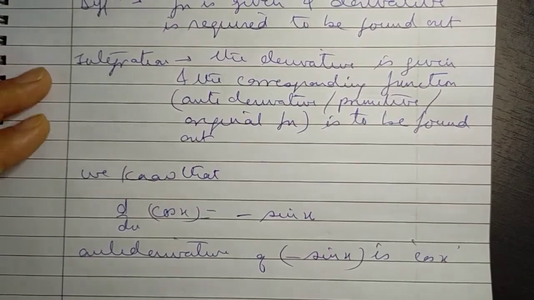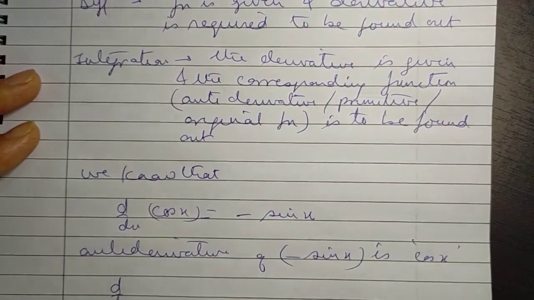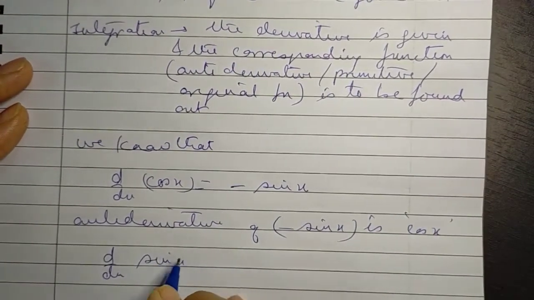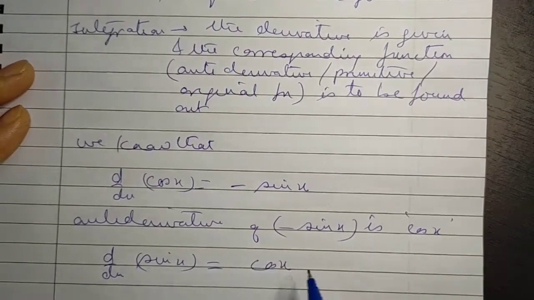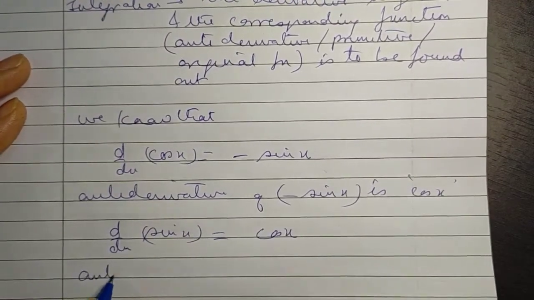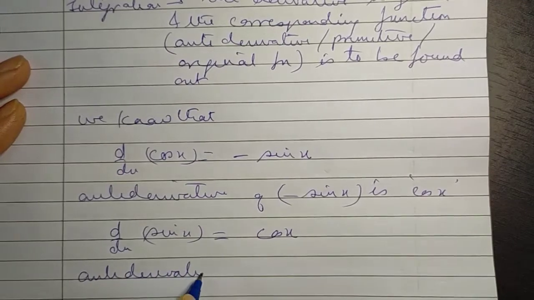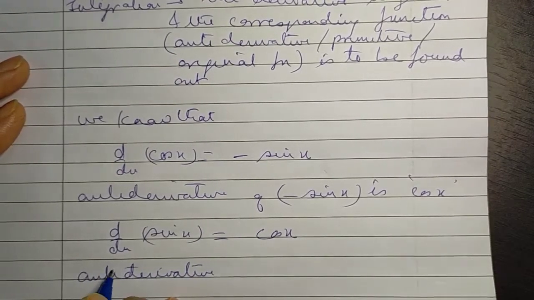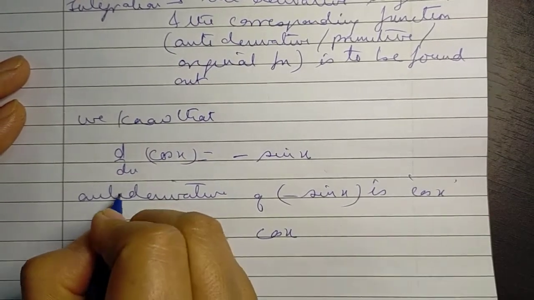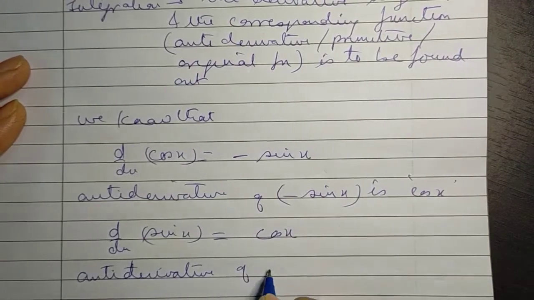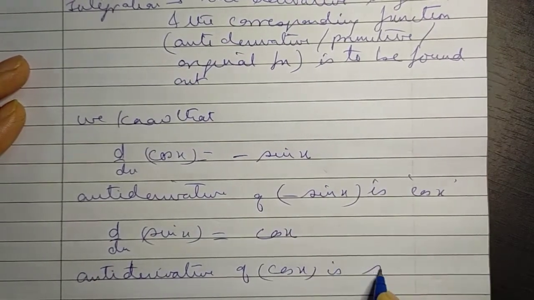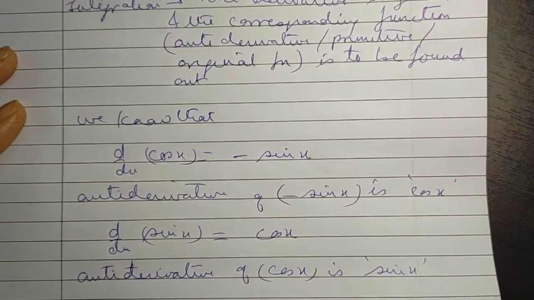Okay. Similarly, derivative of sin x is cos x, and so we write antiderivative of cos x is sin x.